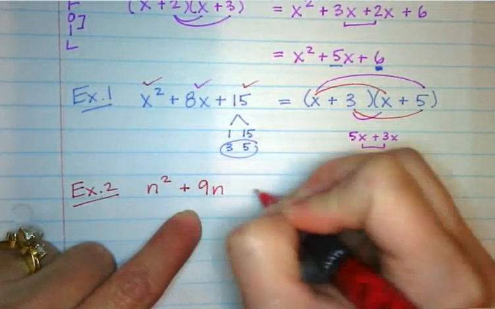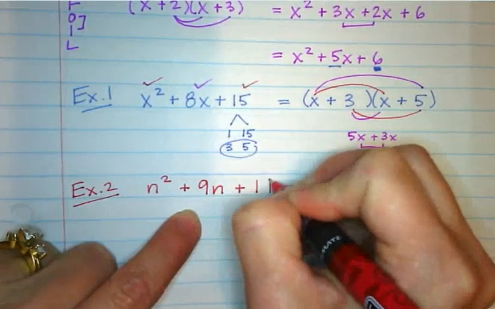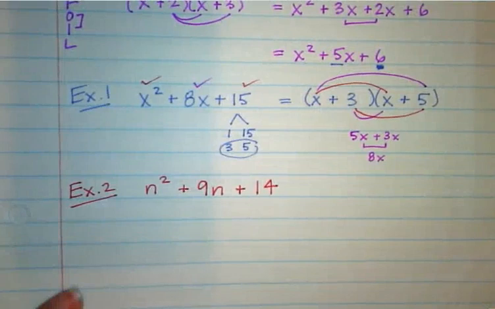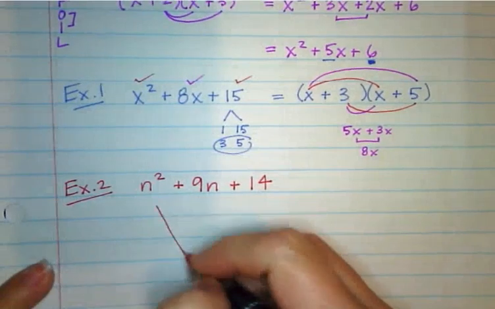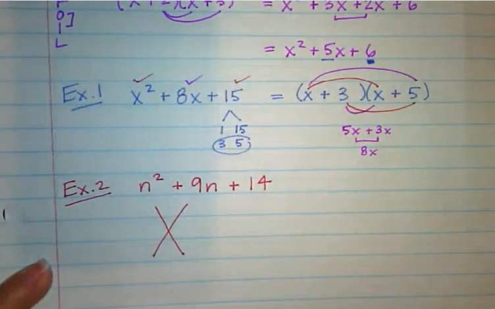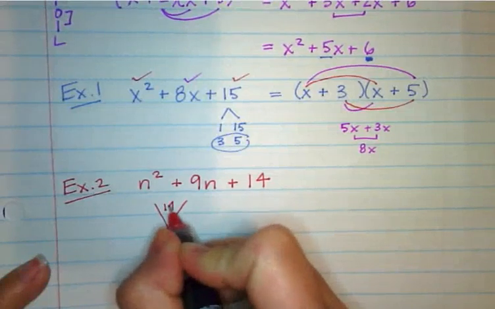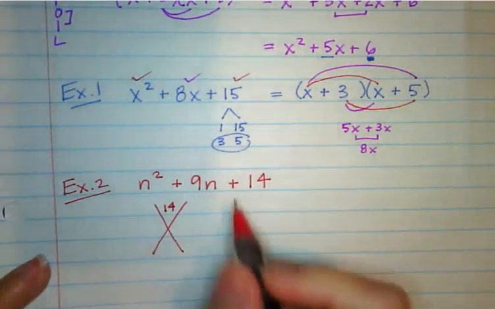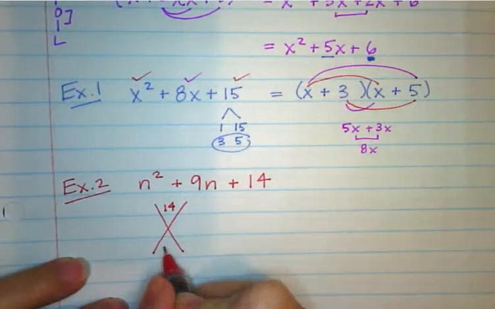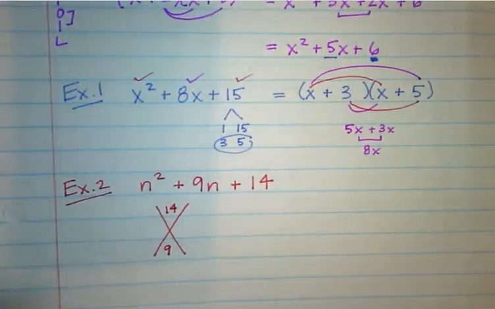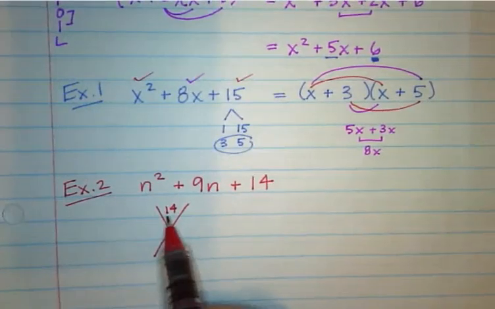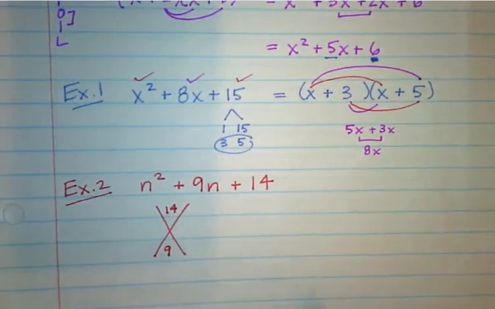Plus 9n plus 14. All right, now some people use this kind of idea where we want to multiply and get 14, but we want it to add up to 9. So we need to think of factors of 14 that would add up to 9.